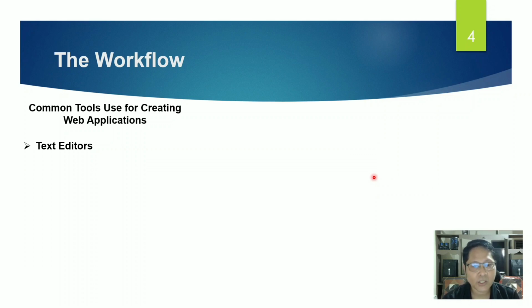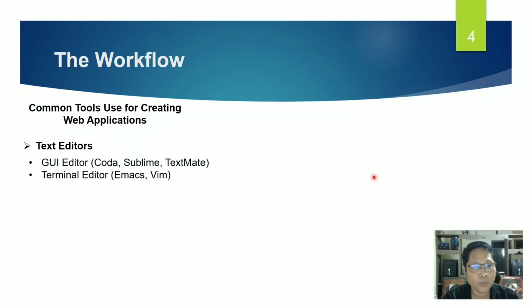It is an essential tool for programmers and developers as it allows them to write and modify code. There are two classes of text editor. We have the GUI editor, or the graphical user interface editor, and we also have the terminal editor.